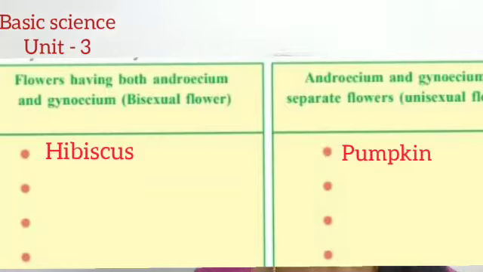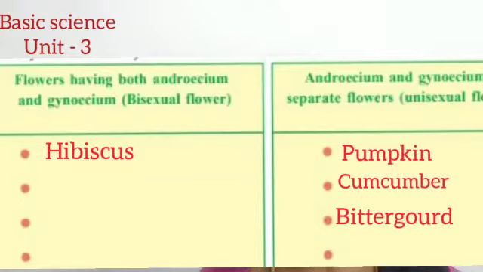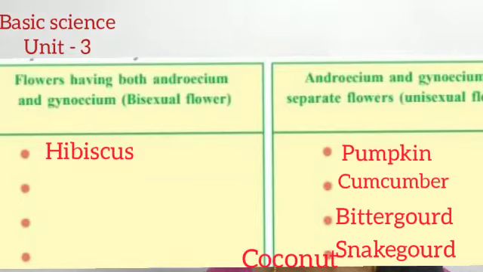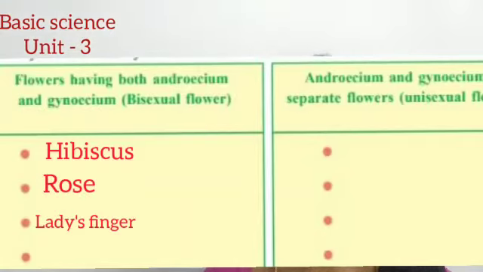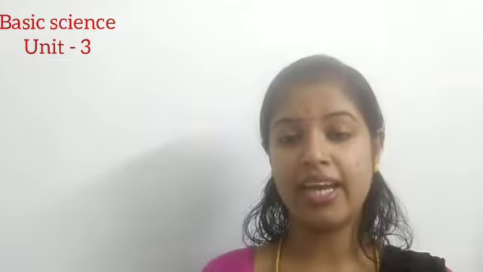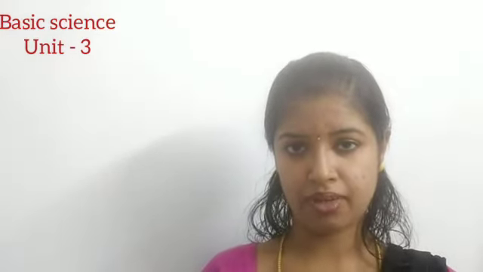So, for unisexual flowers you can give examples as pumpkin, cucumber, bitter gourd, snake gourd, coconut. All this you can give as examples for unisexual flowers. And for bisexual, you can give rose, lady's finger, hibiscus. You can give these examples.